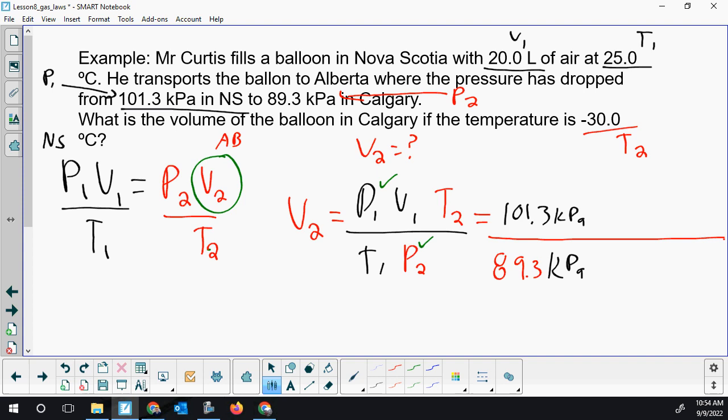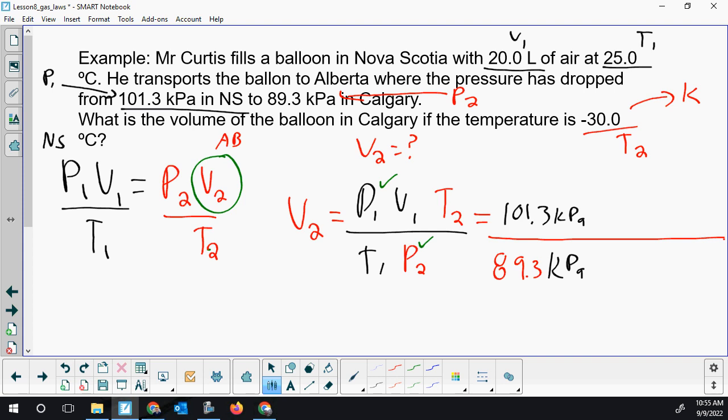I'll do T2 and T1 next. So T2, the final temperature, that's the Calgary one, that's minus 30, but I can't put minus 30 in, I need it in Kelvin. So I have to convert that to Kelvin, so I have to add 273, or 273.15.